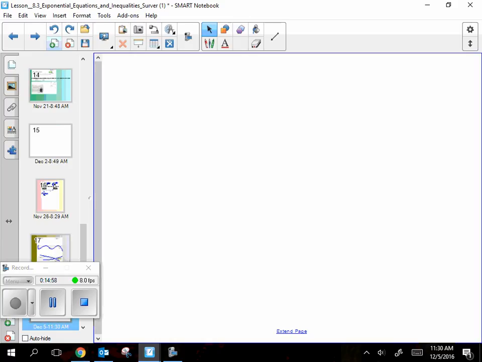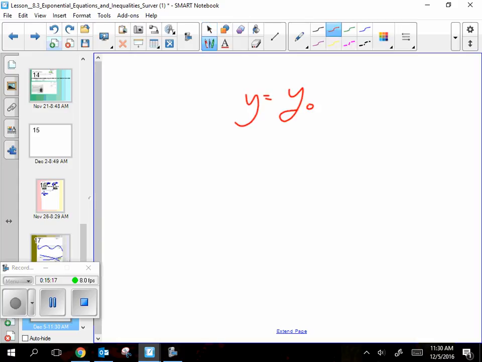Be prepared to write upon said paper. Grab a pencil. Need to borrow one? Okay. Here's the first thing. You need to get a general form for exponentials.